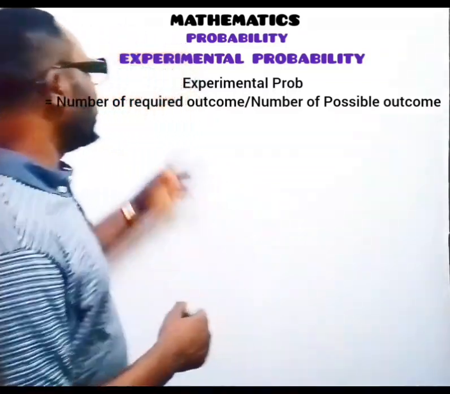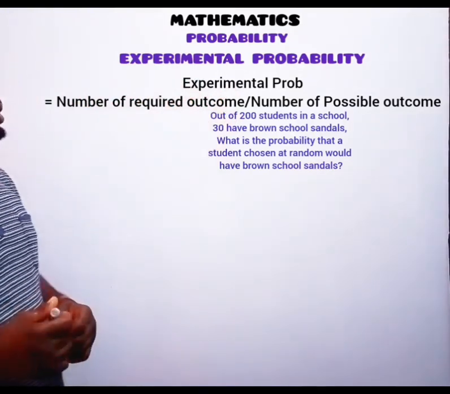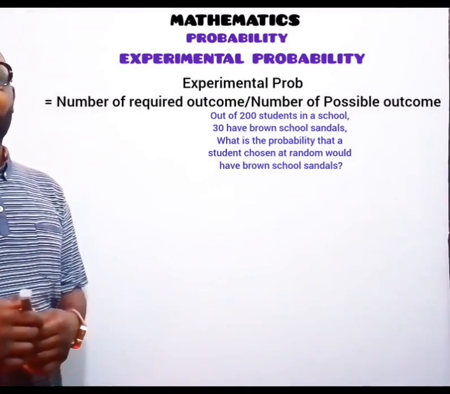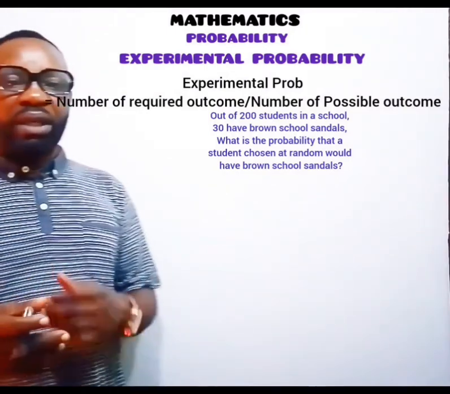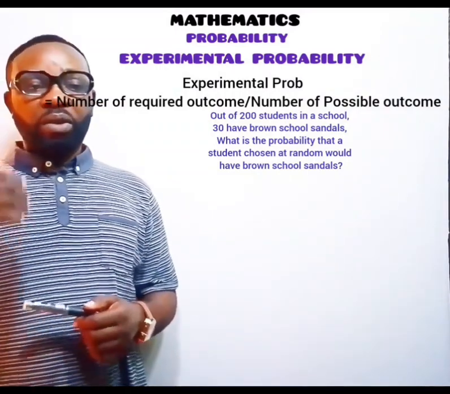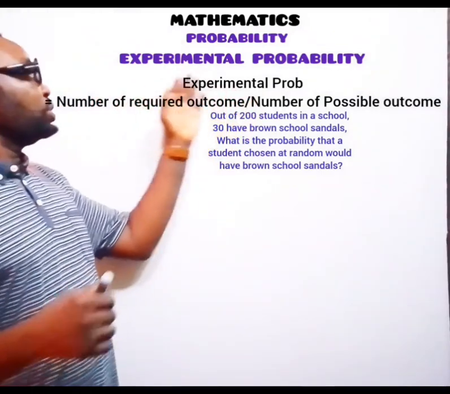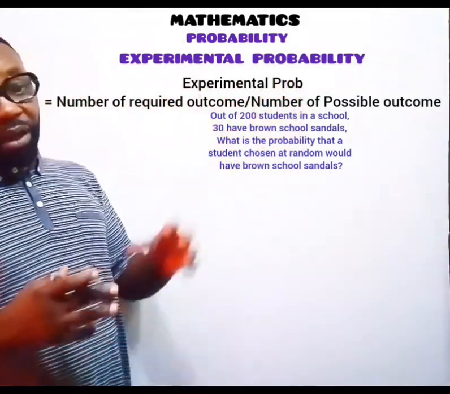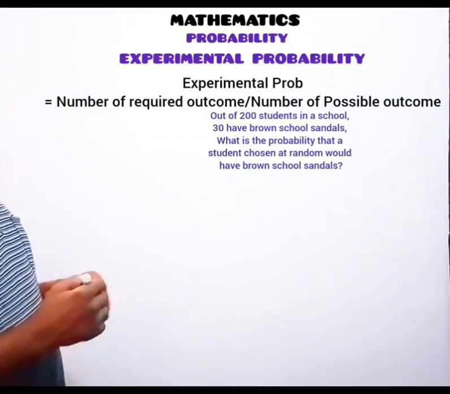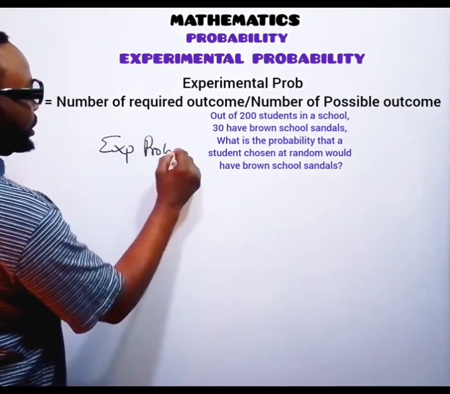Now, the question we have here is: out of 200 students in a school, 30 have a brown sandal. If a student is chosen at random, what is the probability that the student chosen will have a brown school sandal? In this question, what we need to do is use experimental probability.